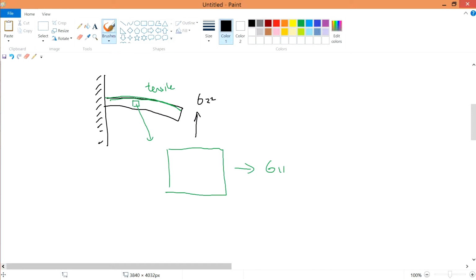Now, you also know that although this thing is being pulled, there is also a shearing. This shearing is with regards to this thing going up, this thing going down, and this thing going in this direction, and this thing going in this direction.